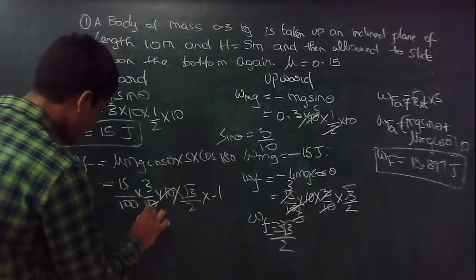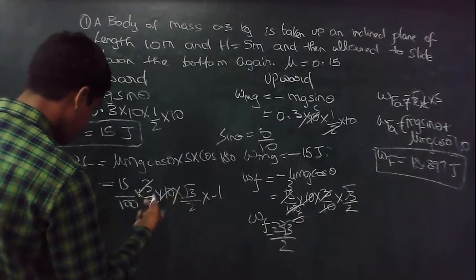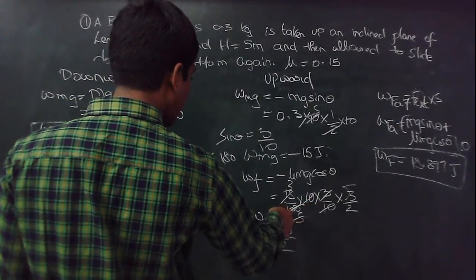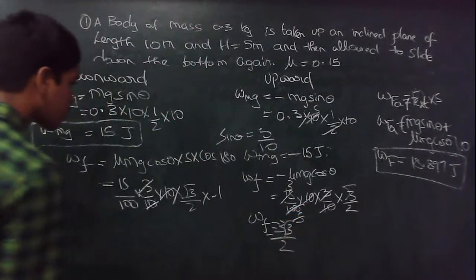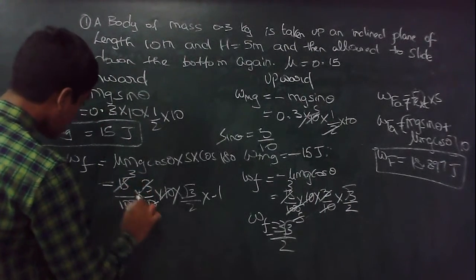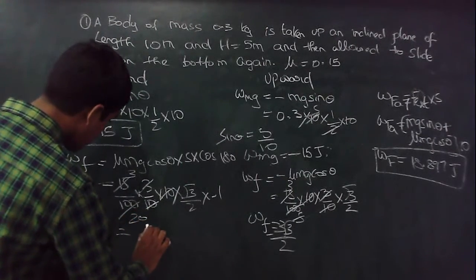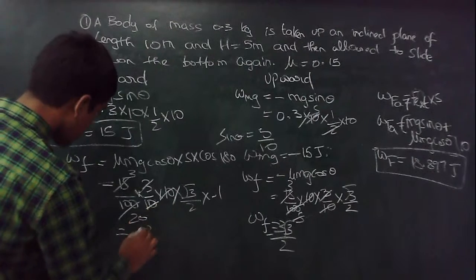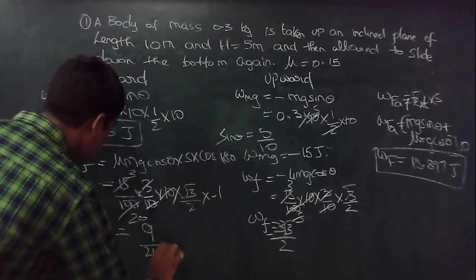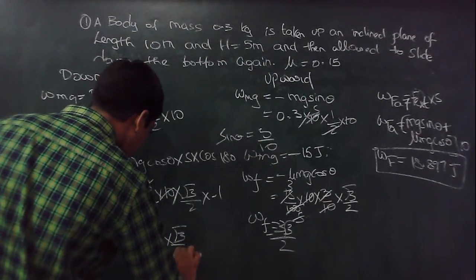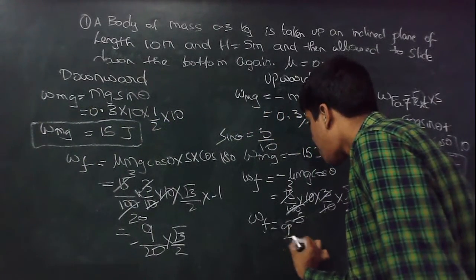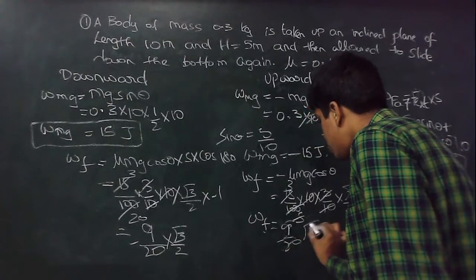So it includes 9 upon 20 minus into root 3 upon 2.